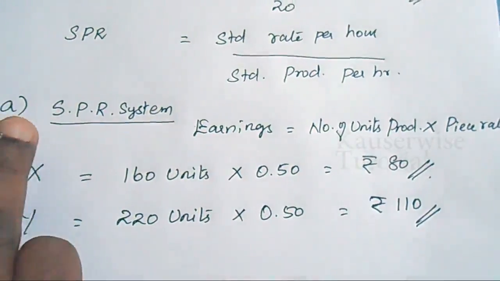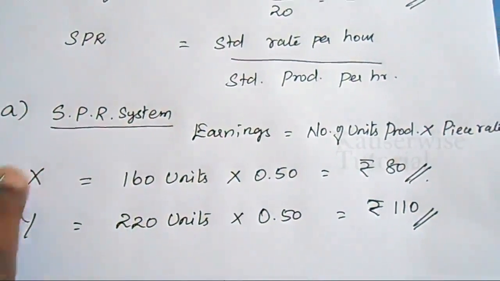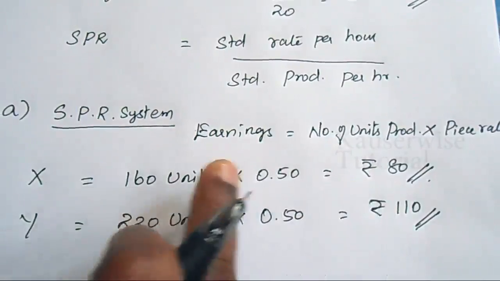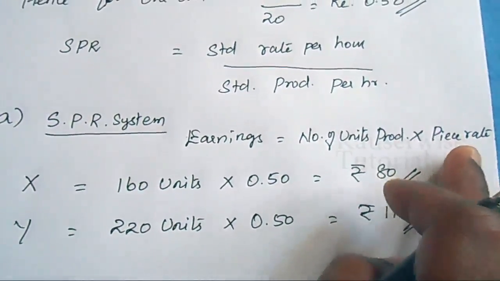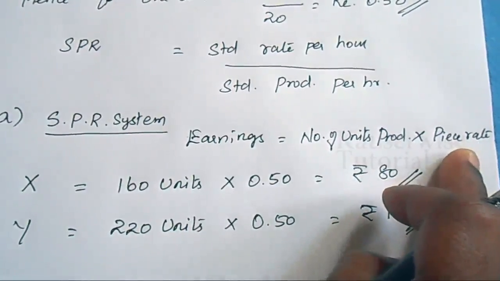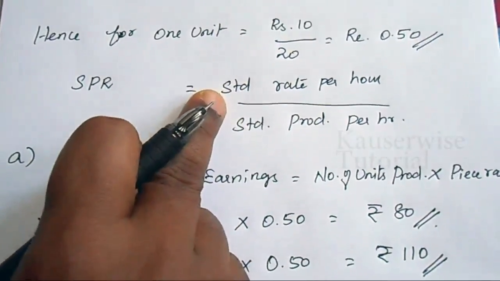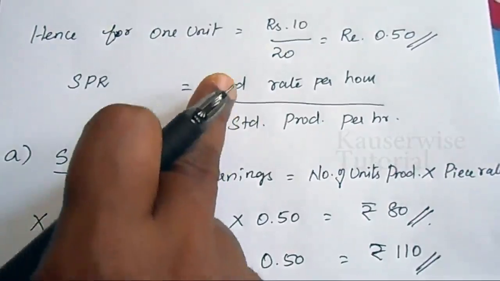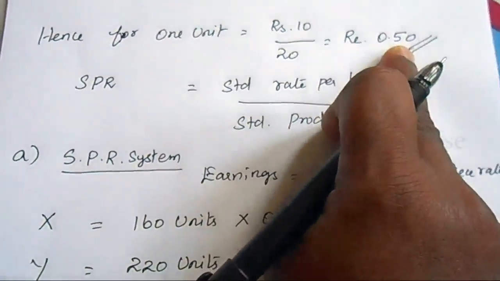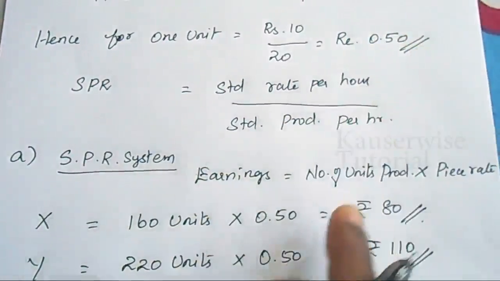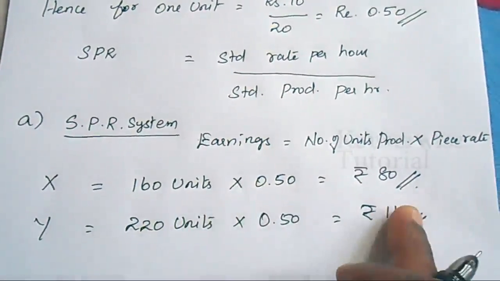So according to straight piece rate system, you can easily calculate the wage. Just take the number of units produced which is given in the problem and multiply with the piece rate. How do you calculate the piece rate? Just take the standard rate per hour and standard production per hour. After applying this formula, you get the piece rate for each and every piece. Just multiply with the units produced and find the answer.